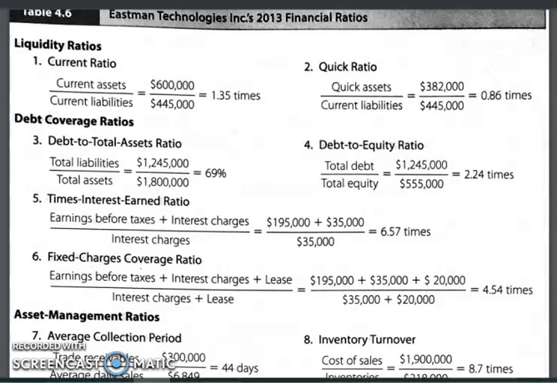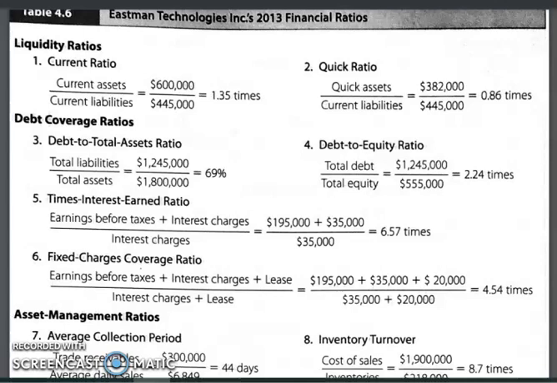Looking at the times interest earned tells us a little bit more about our debt, right? Because of course our debt causes interest charges or finance charges. So we look at our profits before taxes, or earnings before taxes, and add back our interest charges. For Eastman Technologies, if you looked at your statement of income, it would be $195,000 plus $35,000, which would be our finance charges.